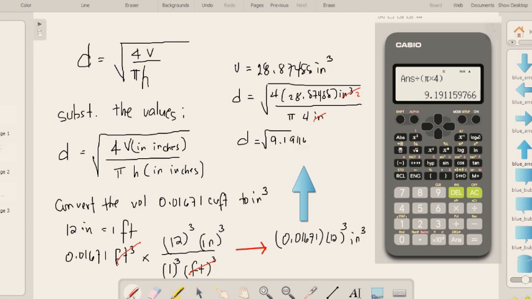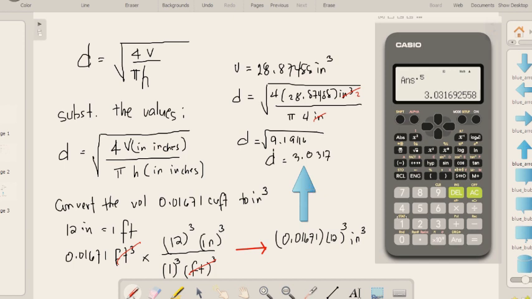Don't forget that you still have to take the square root. If you do, you will get 3.0317. So that is now the diameter of your cylindrical container, and it's in inches: 3.0317 inches.